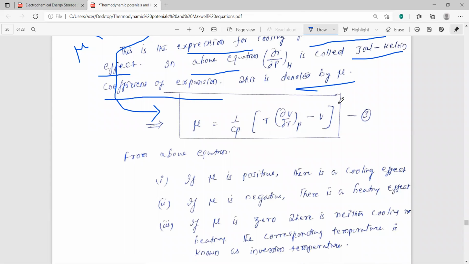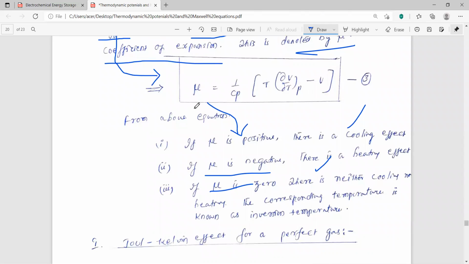Now, if mu is positive, then there is a cooling effect due to this throttling process. If mu becomes negative, then there is a heating effect due to this throttling process. If mu is 0, the gas neither gets cooled nor heated. So like this, we can explain the Joule Kelvin effect or throttling process.